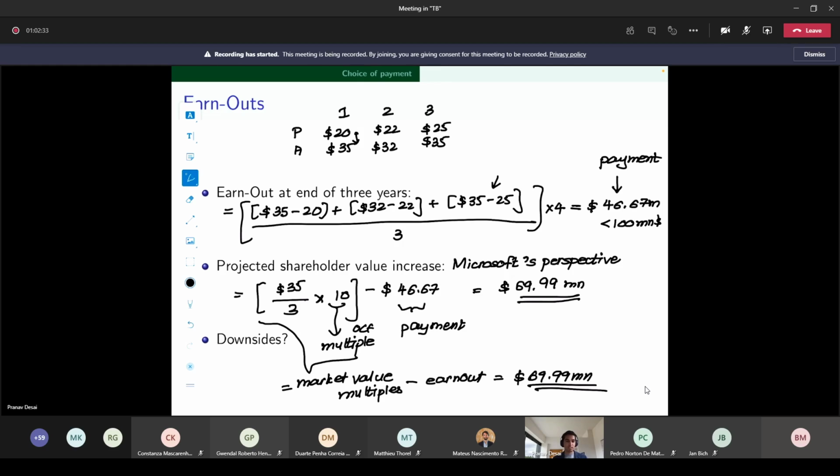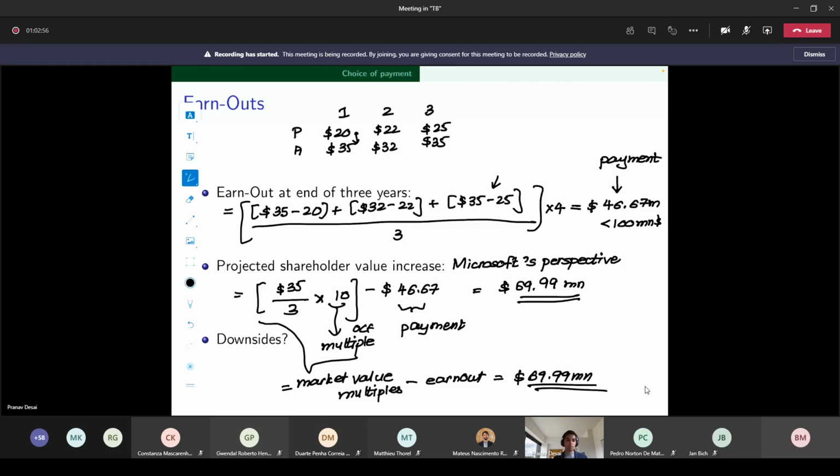There's an increase in the shareholder value. The management of Wunderlist benefits because they run the company really well, and the more they run the company well, they end up with a higher payment. Microsoft benefits because it has to pay a capped amount at $100 million, and it still benefits because the company is being run well.